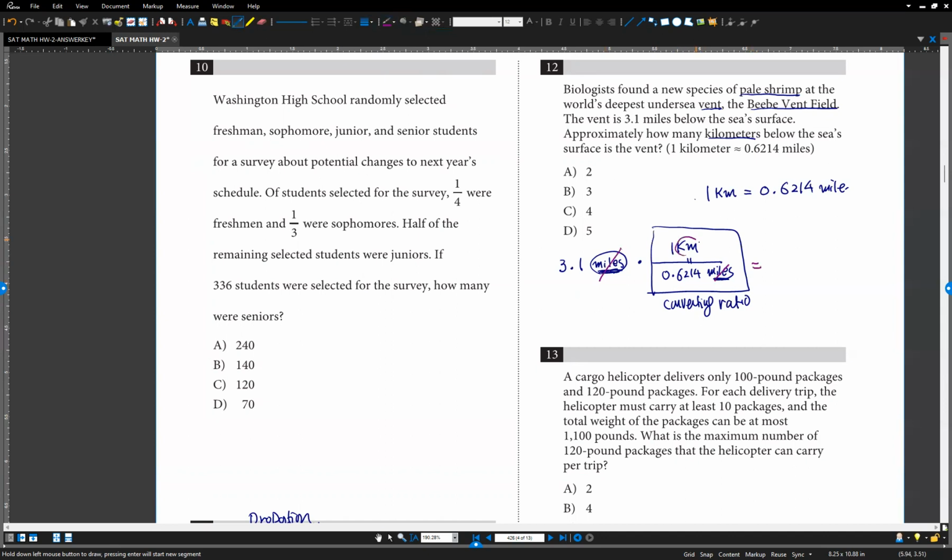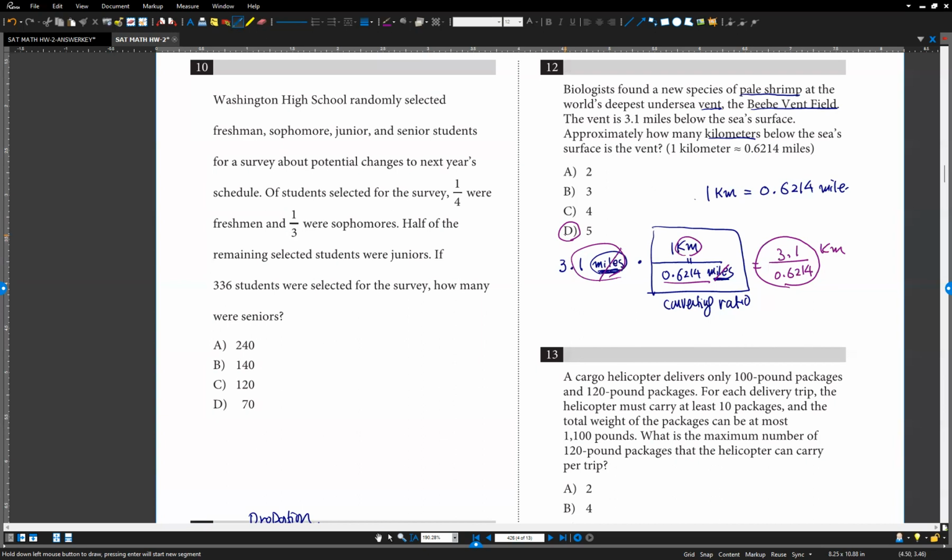Still we have kilometers, but we have to combine these two: 3.1 over 0.6214. Now we've got only kilometers. That's it, okay? Using your calculator, 3.1 divided by 0.6 is around 5. That's the answer.